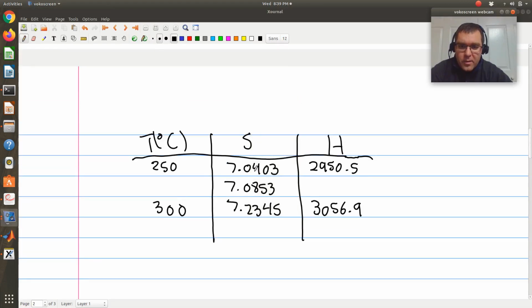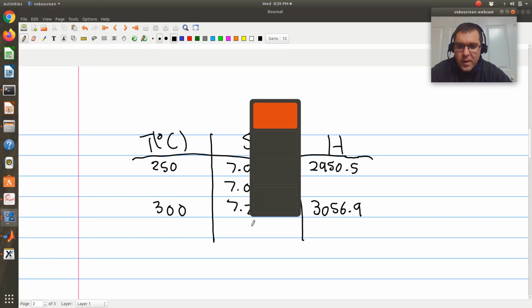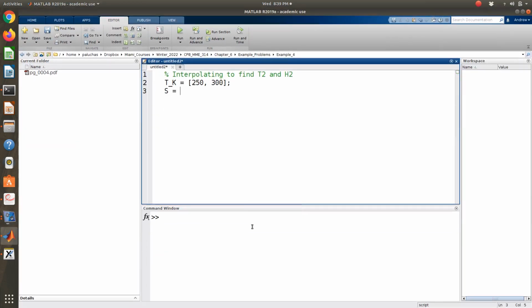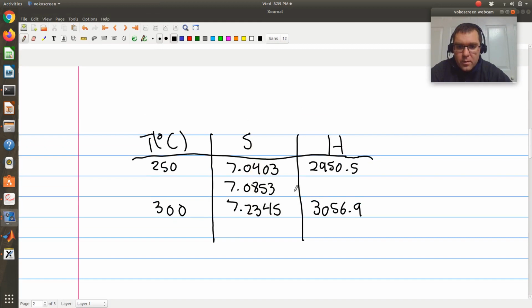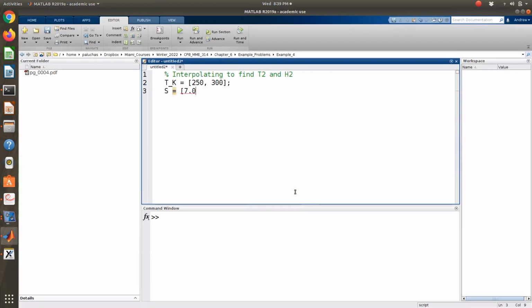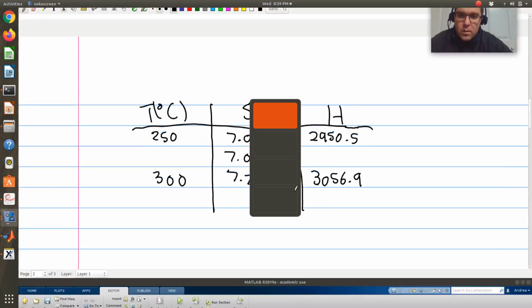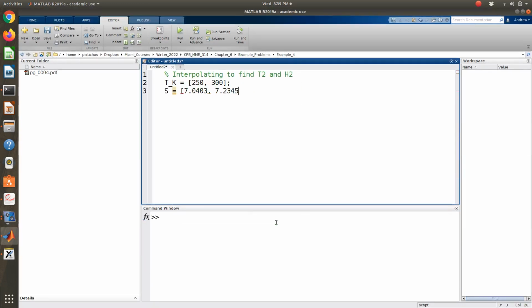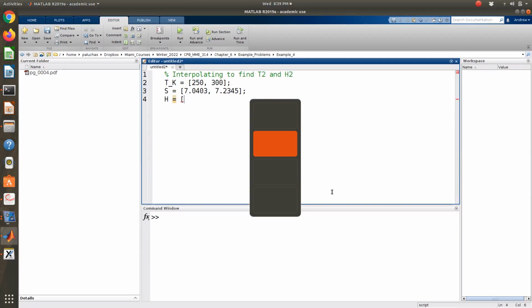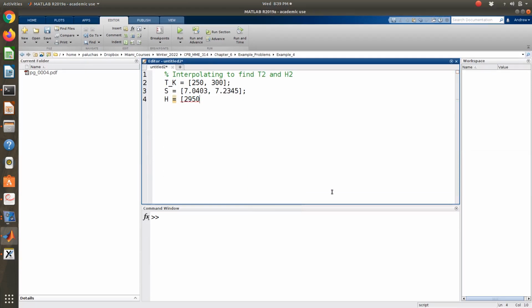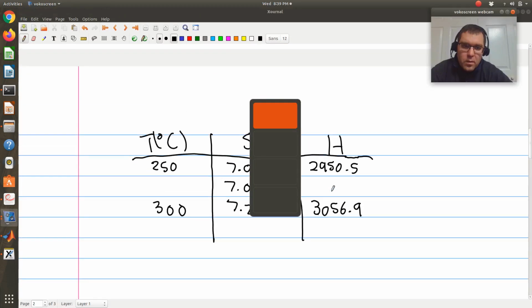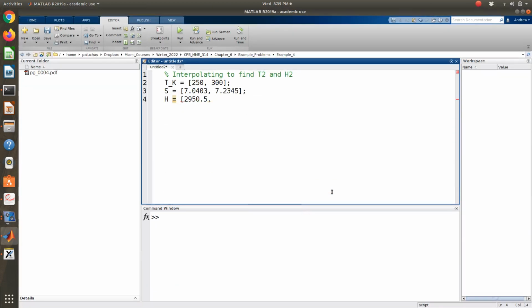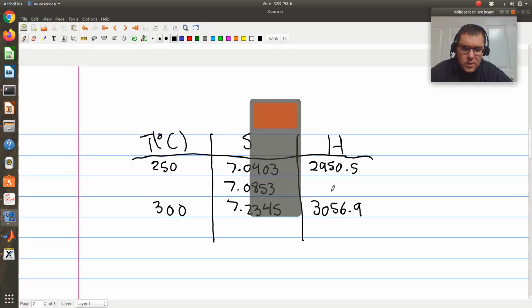And let me create a vector of my entropies. So I want the first and final: 7.0403, 7.2345. And I need a vector of my enthalpies, 2950.5 and 3056.9.